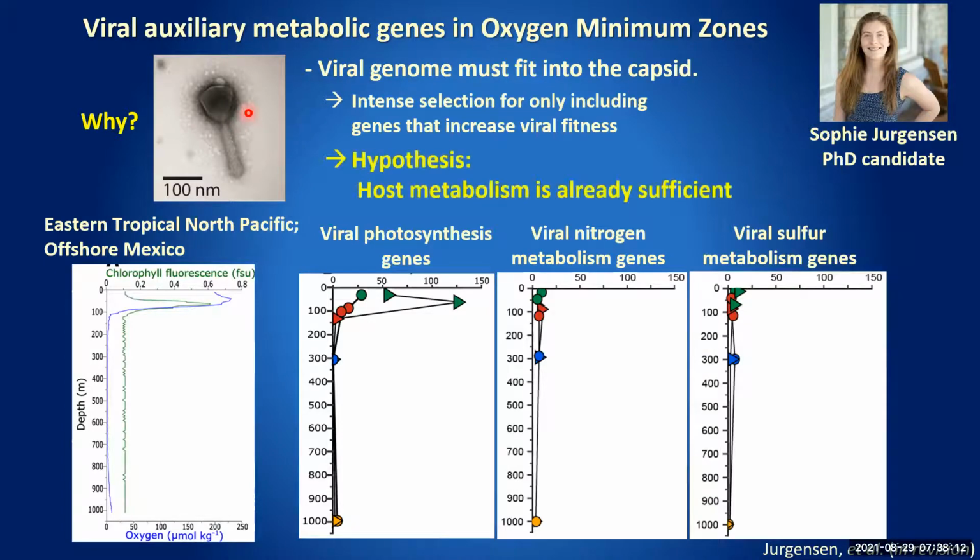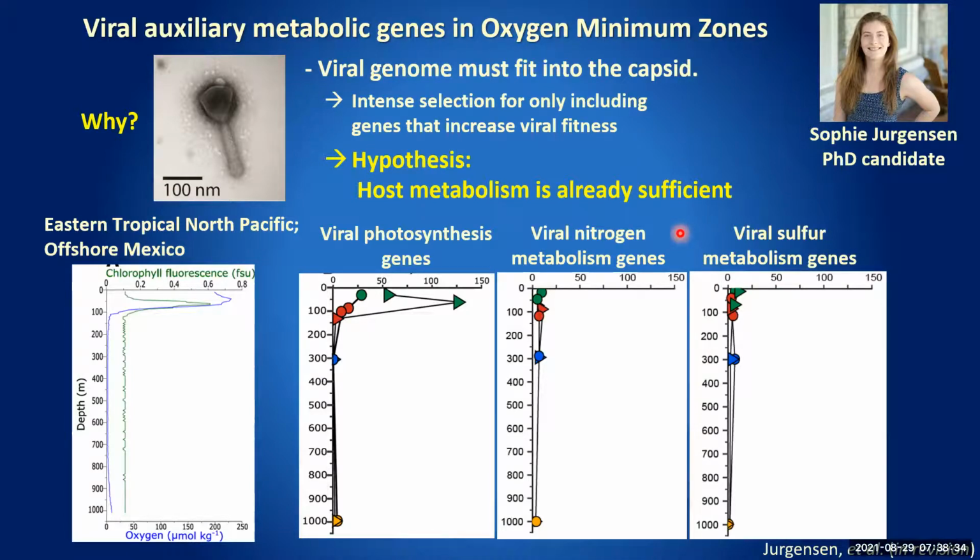So our hypothesis is that the host cell's metabolism of nitrogen and sulfur is already sufficient for those viruses to replicate, and those viruses having genes related to nitrogen and sulfur is just not going to benefit them.